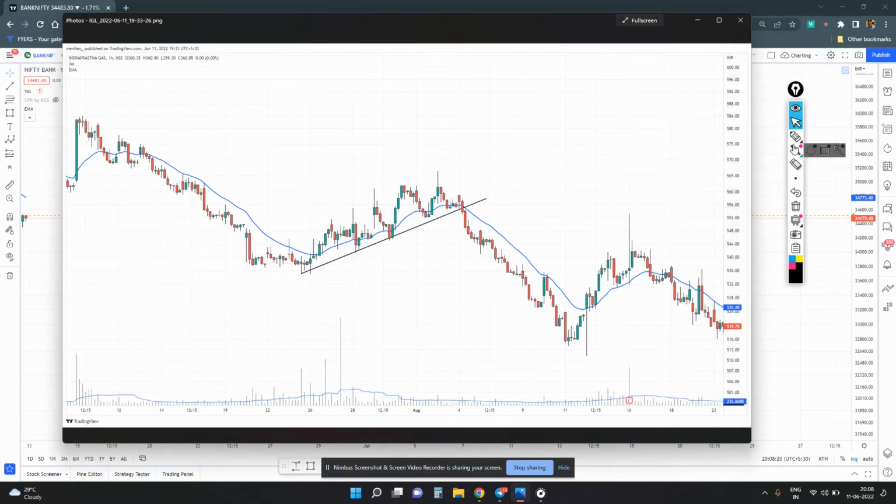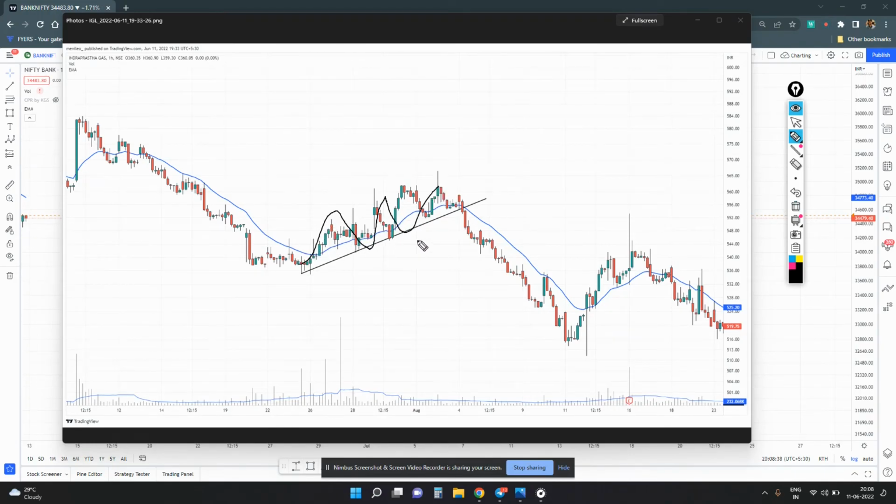This is a breakdown case where you can see there was this fall. Price was having a pullback and gave some smaller waves also.